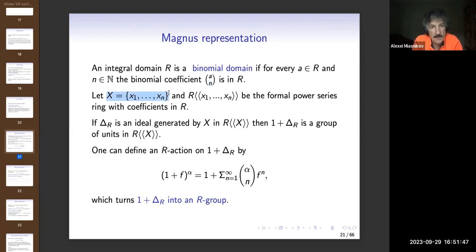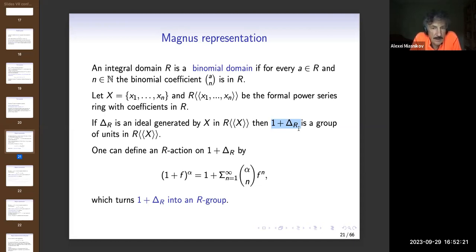So starting with a set X of variables, you can form the formal power series with coefficients in R. And then if you denote by delta R the ideal generated by X in power series, then 1 plus delta R is a group of units. Every element is invertible. And because it's power series, it's very easy to invert.